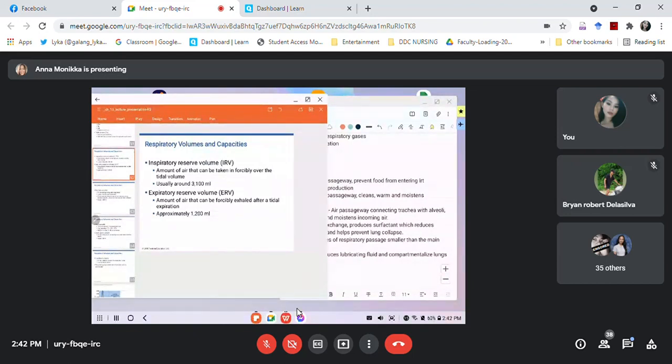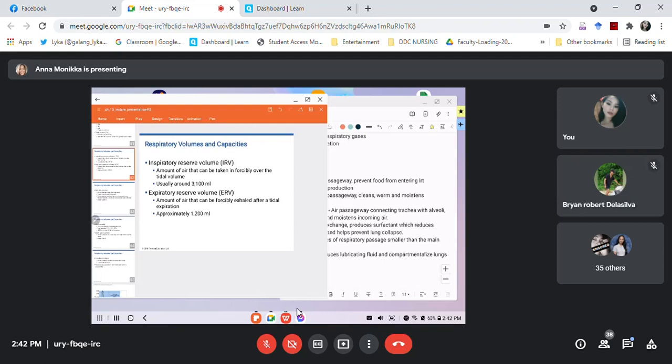This respiratory volume is what you call your tidal volume or TV. The amount of air that can be inspired forcibly beyond the tidal volume, 2,100 to 3,200 ml, is the inspiratory reserve volume or IRV.